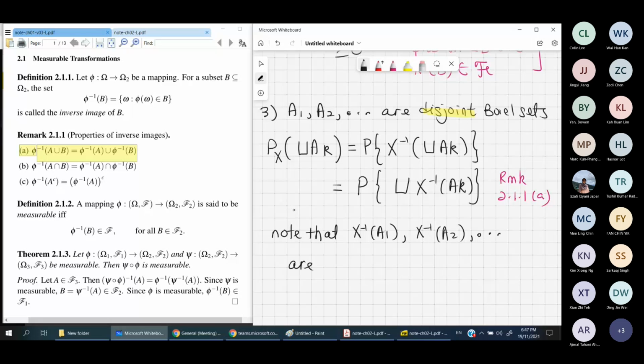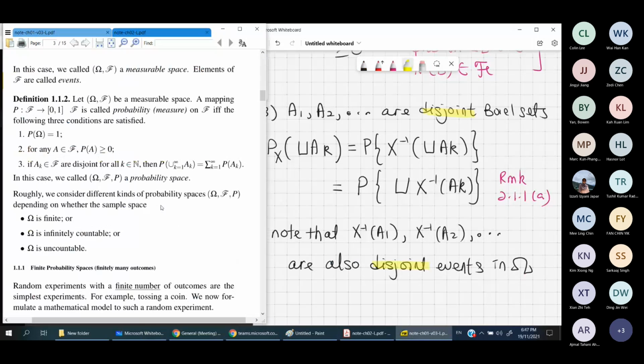Also disjoint events in omega. Okay, so that is straightforward, because when this is disjoint, the pre-image or the inverse image must be disjoint. So when this is disjoint, then we can apply this property to our P here.